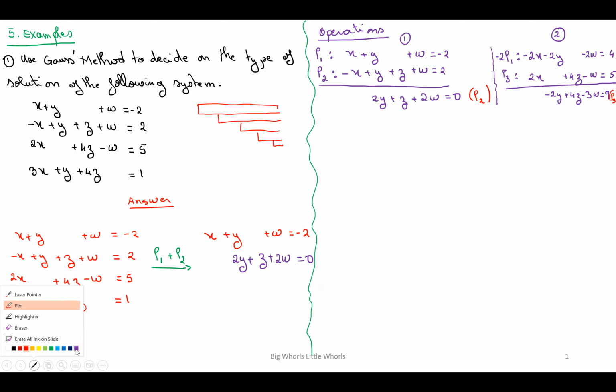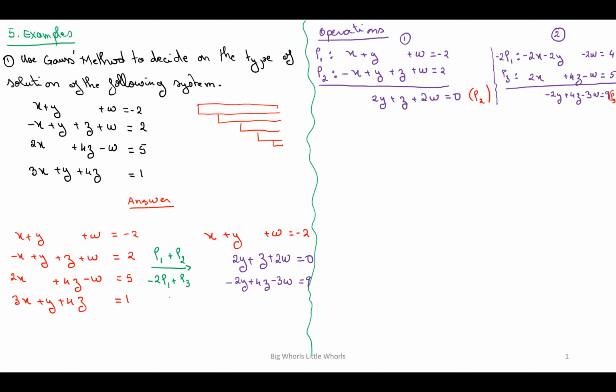So row 3 is going to be replaced by minus 2y plus 4z minus 3w equals 9. So what have I done here? I have done minus 2 row 1 plus row 3. Is that okay?